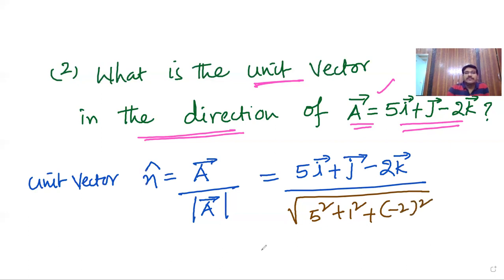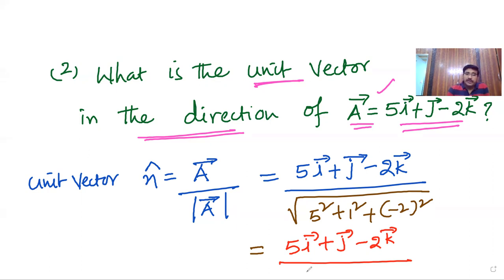On simplification, the unit vector is 5 i bar plus j bar minus 2 k bar divided by the square root of 25 plus 1, which is 26, plus 4, which is 30, so root 30.